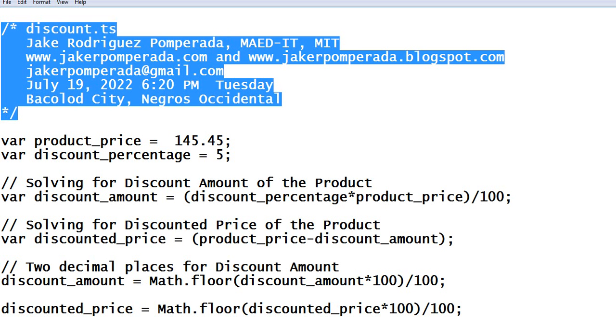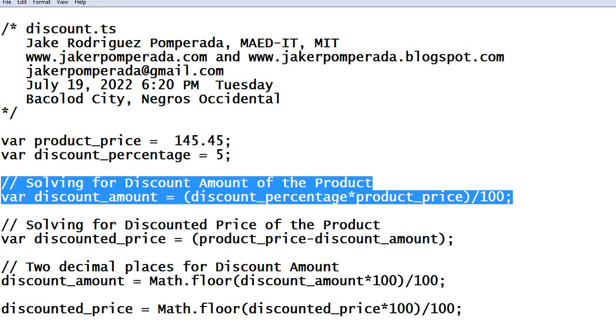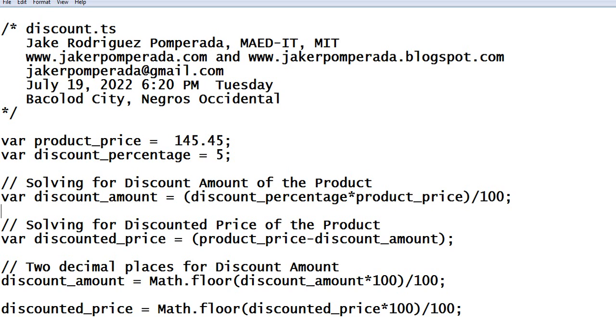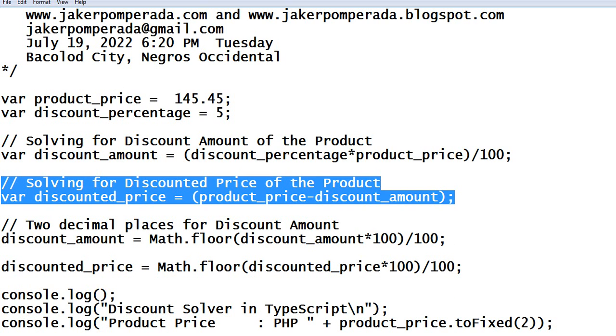Var product_price 145.45, discount_percentage 5. So we have here the formula for solving for the discount amount of the product. Var discount_amount equals discount_percentage multiplied by product_price divided by 100. Solving for the discounted price of the product: var discounted_price equals product_price minus discount_amount.